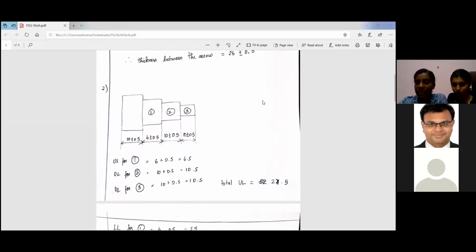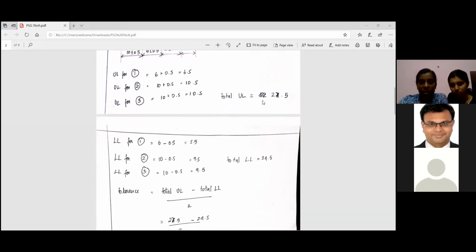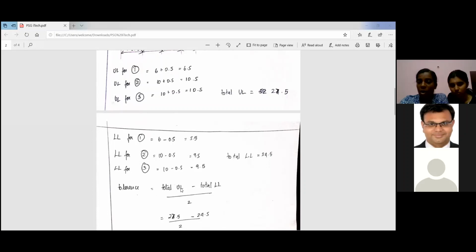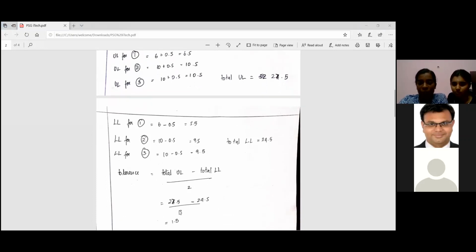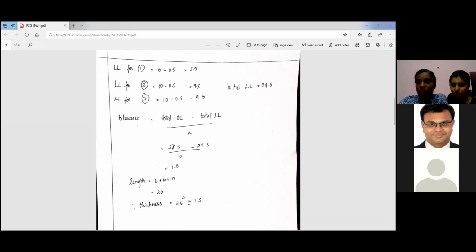Simultaneously, we find the lower limit of all the dimensions and add them together. The formula for the tolerance value is total upper limit minus total lower limit, divided by 2. And we got the tolerance value as 1.5.